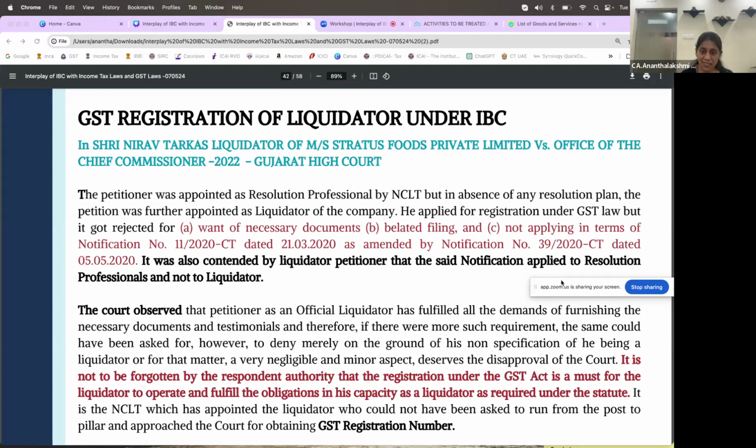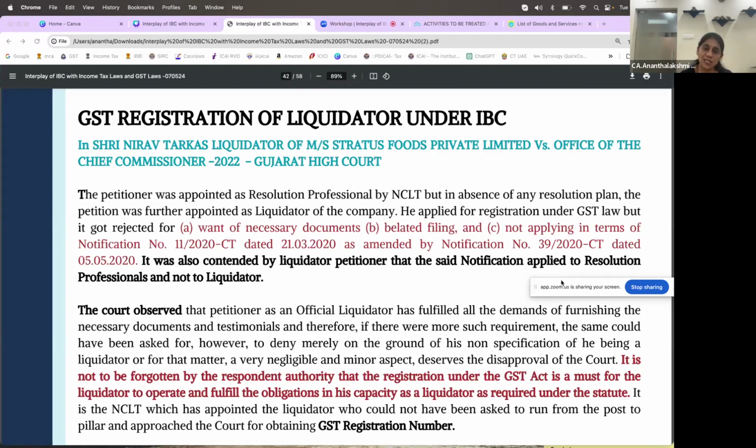When there is a delay, a penalty can be imposed on the liquidator, but they cannot reject the registration. They said it is mandatory for the liquidator to file the GST return. Whenever liquidation comes, the assets can be sold piecemeal, and in that scenario it is the responsibility of the liquidator to pay the GST.